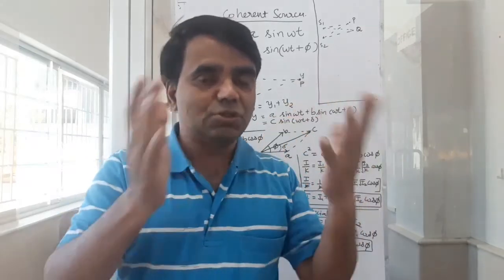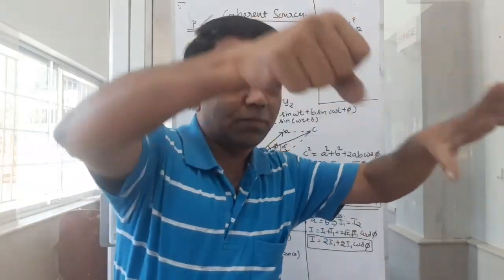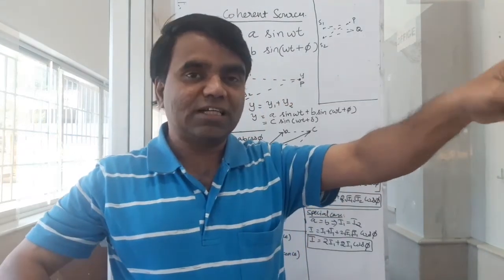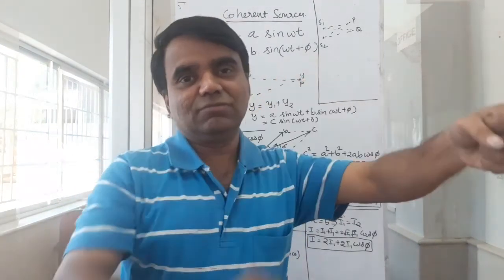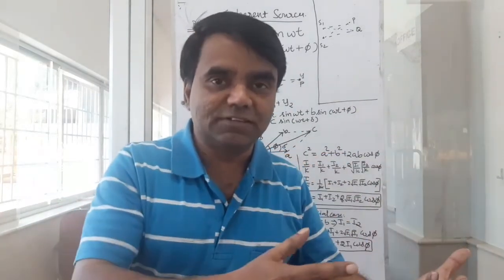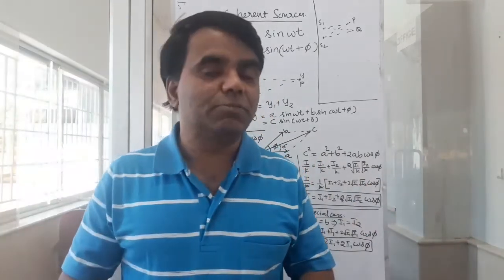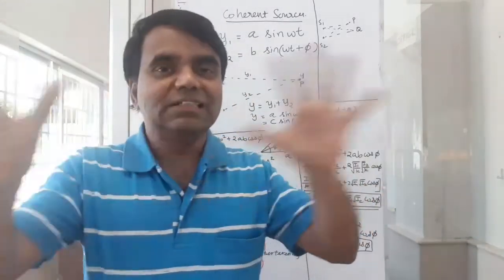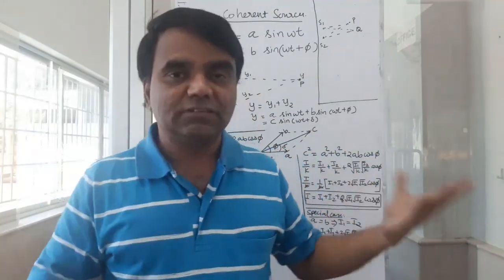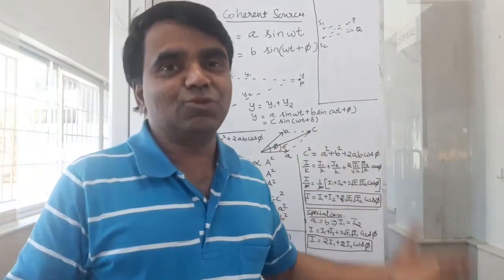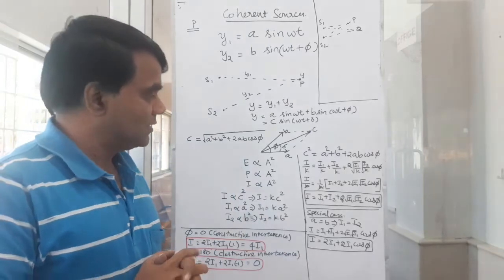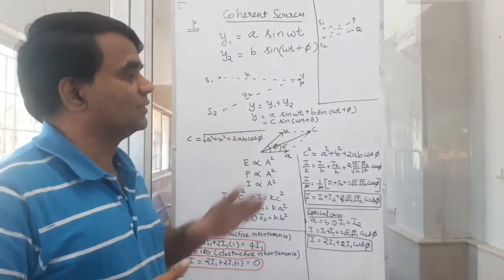But no, interference doesn't do it. It takes energy from one point and puts it in another point. So this has 4 times the energy and this has 0 energy. So another constructive interference point will have 4 times energy and another destructive interference point will have 0 energy. So there is this redistribution. But if you take all the points together, the average is the same, 2I1. Okay, so I want you to understand this idea. It's a very critical idea, so understand this.